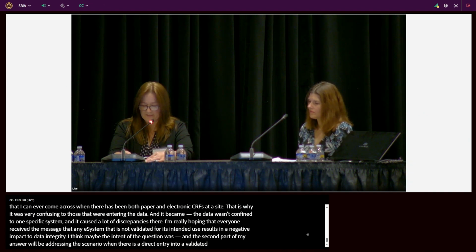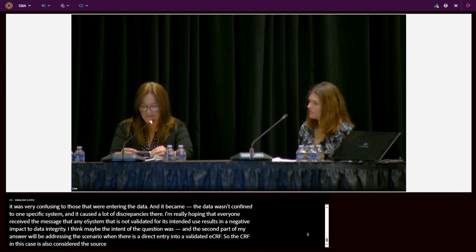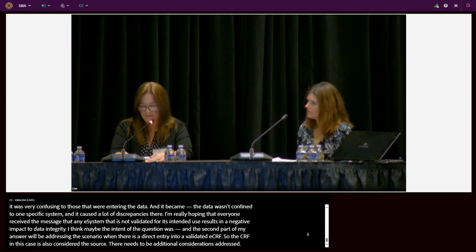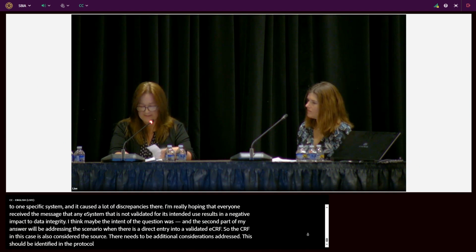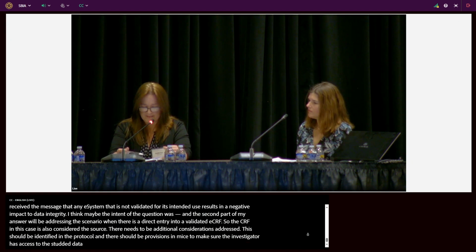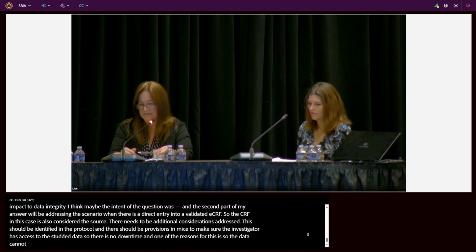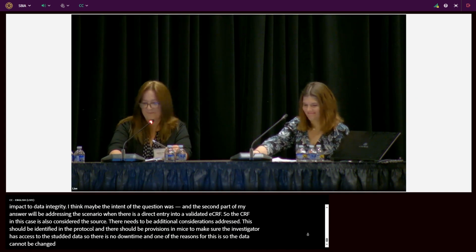So there need to be additional considerations addressed, and these include that this should be identified in the protocol. There must also be provisions in place to ensure that an investigator always has access to the study data in the eCRF, with no downtime. One of the reasons for this is so that data cannot be changed while access isn't available, and this should feed into your risk assessment as well. Thank you.